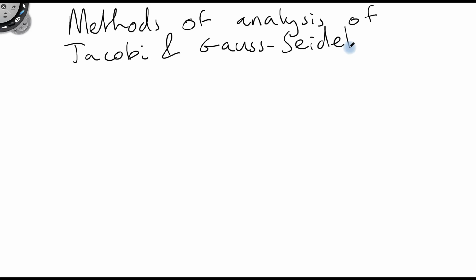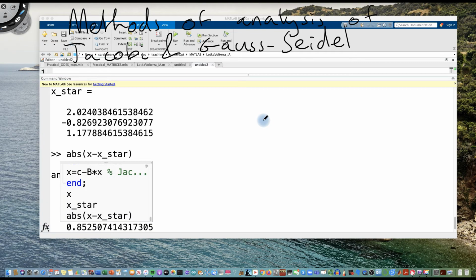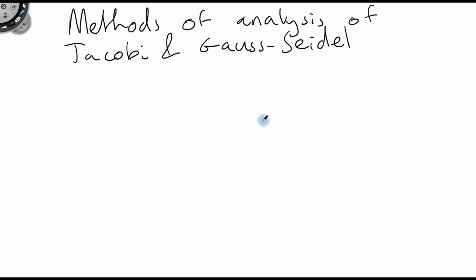So there's a reason for using these simple Jacobi and Gauss-Seidel methods as illustrative of these different methods. The key starting point is decomposing. We're going to decompose A.